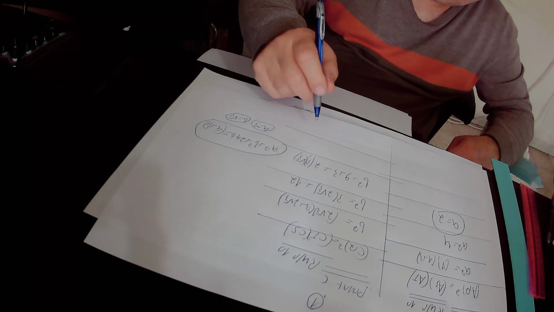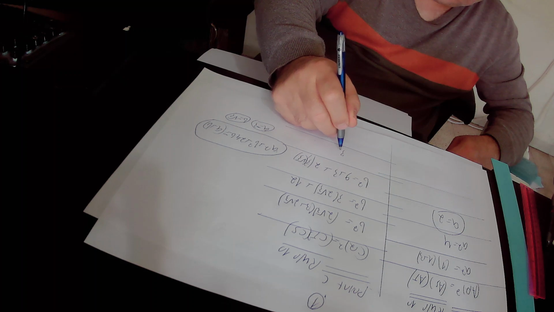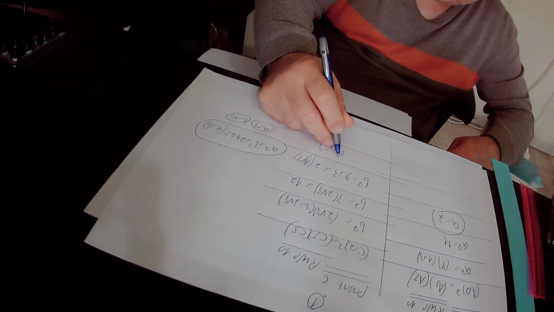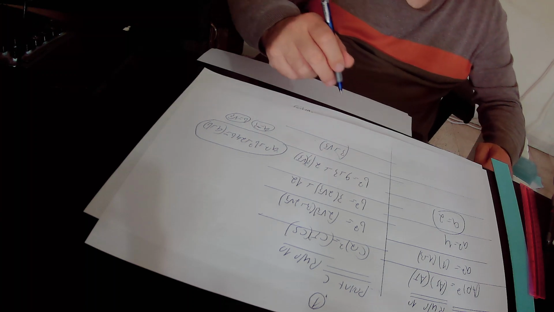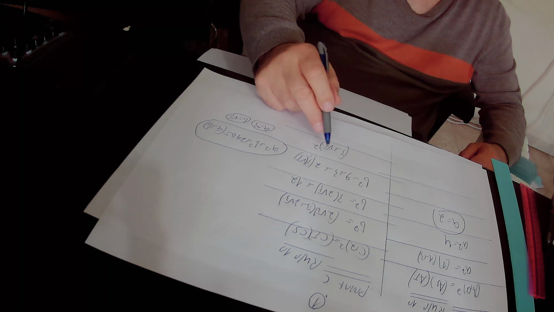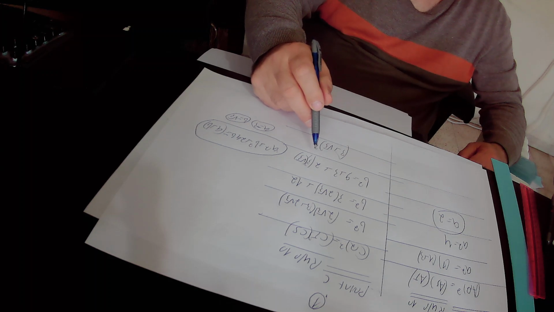A is 3, plus b, that is equal to (3 plus the square root of 3) squared. In conclusion, we found out that (3 plus the square root of 3) squared equals 9 plus 3 plus 2 times 3 times the square root of 3.